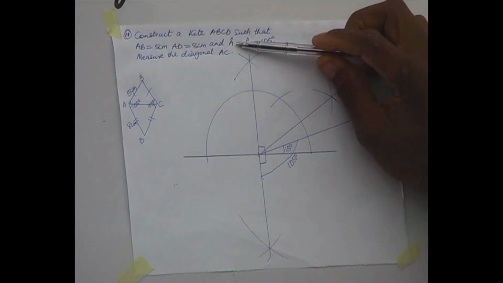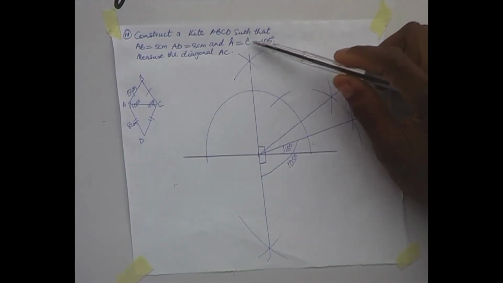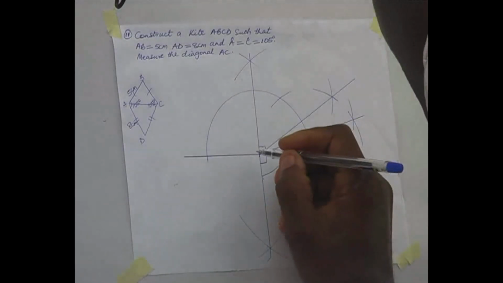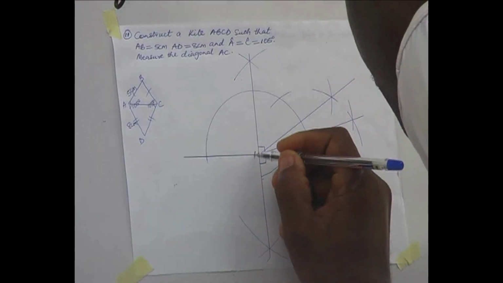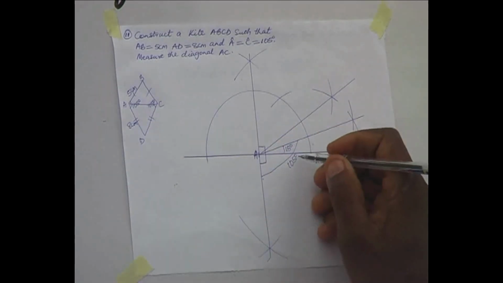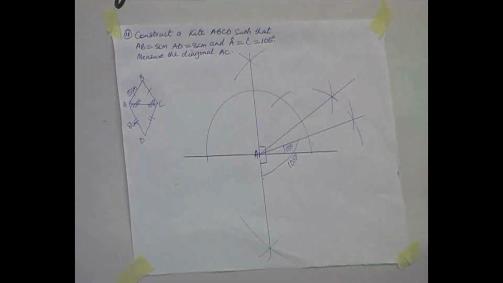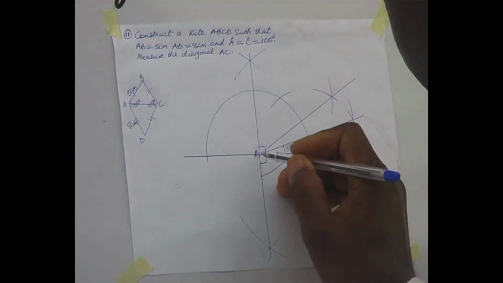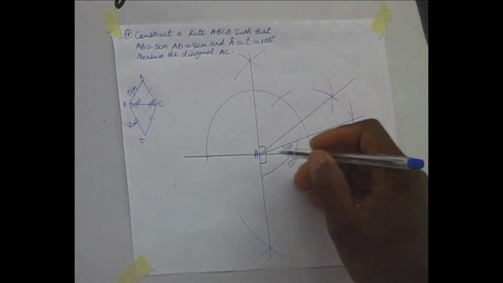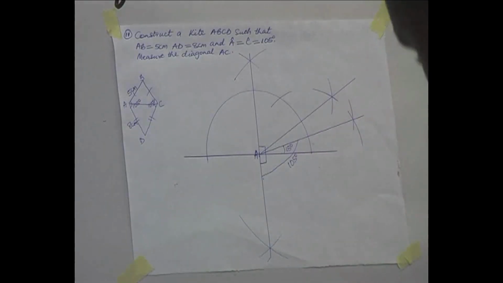From this place now, they say angle at A is equal to angle at C. That means let's name this place A. Angle at A is 105 degrees. That's the beginning. The question says AB is 5 cm. That means along this side now, measure out 5 centimeters.